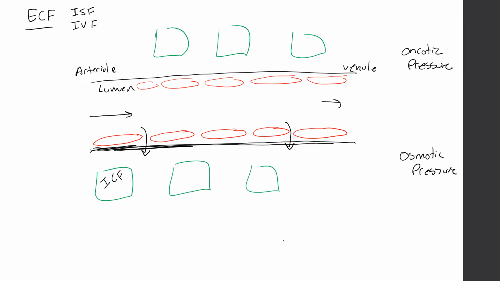One impermeable solute found in the extracellular fluid that we've discussed already in the previous lecture was sodium chloride. Sodium chloride is found throughout the ECF, which means it's both in the vasculature as well as in the interstitial space, with very little of it being in the intracellular space. Now, the reason it's found in both, and in equal molar amounts, so it's the same osmotic pressure in the intravascular and the interstitial space, is because sodium chloride can freely move between the vascular space and the interstitial space.